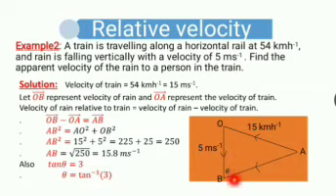Now, this angle relative to line OB is represented as theta. So the tangent of this angle is opposite over adjacent.